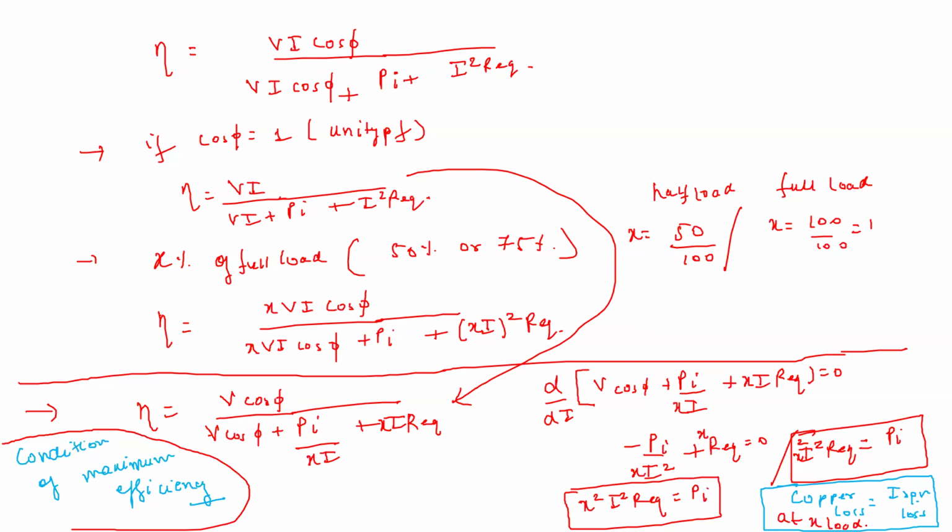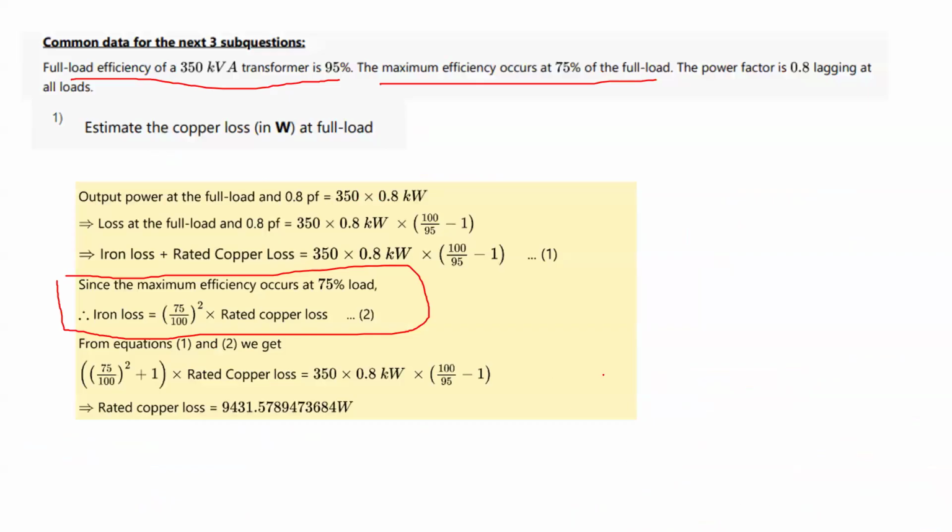If we have to change the condition from full load to half load or 75% load, we change the current drawn by the transformer. Voltage and frequency are not disturbed, and as long as we are not disturbing them, the iron loss remains constant. So for 75% load and even for 100% load, the iron loss is the same.